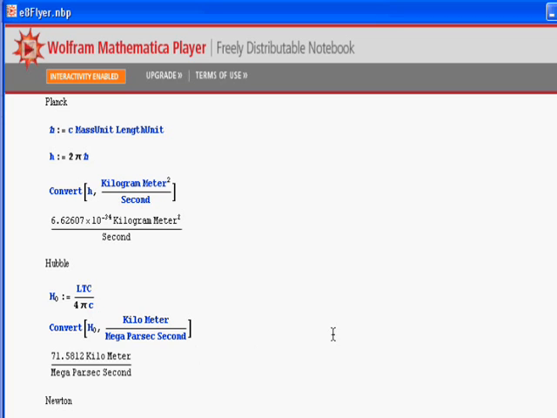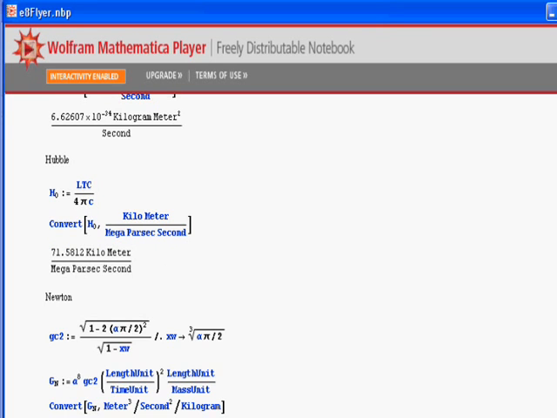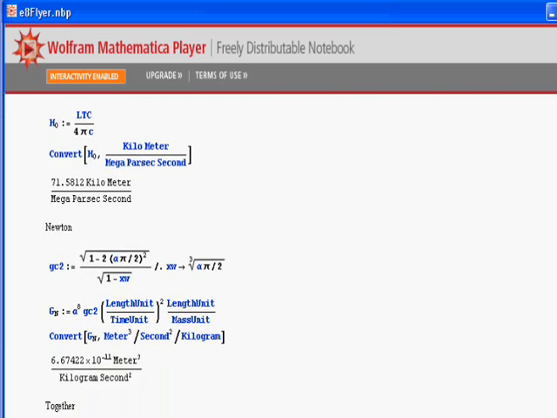And converting, we get 71.58 kilometers per megaparsec per second. Newton's gravitational constant incorporates some electroweak parameters and comes out accurately within the standard error.